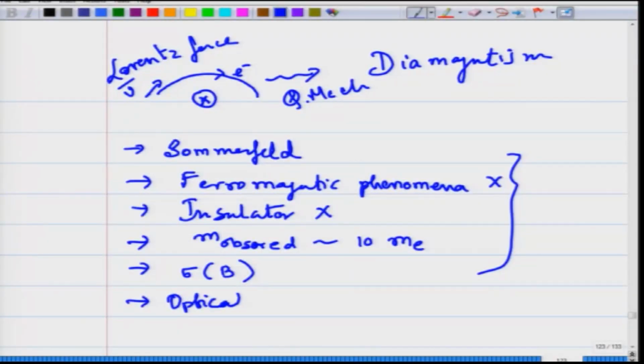Another drawback is the optical behavior of the metal. What is the optical response of the metal at different frequencies? It absorbs some frequencies, does not absorb some frequencies. These also are not completely explained by the Sommerfeld's theory. So, with this we conclude our discussion of the Sommerfeld's description of an electron in a solid.